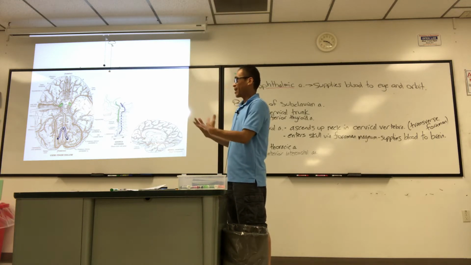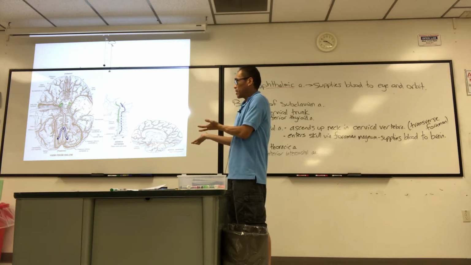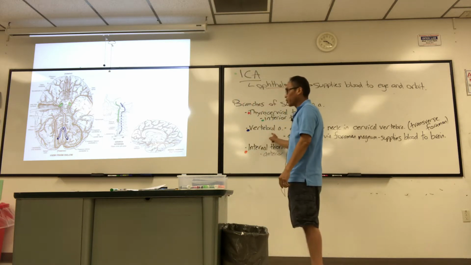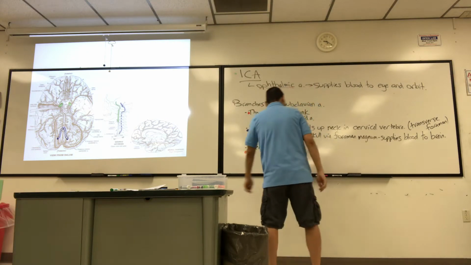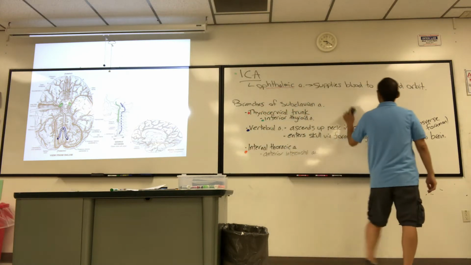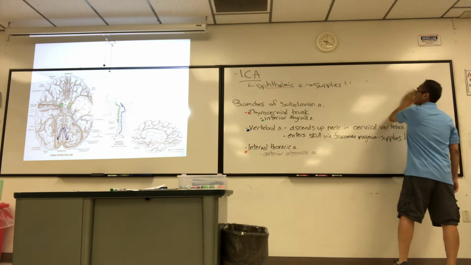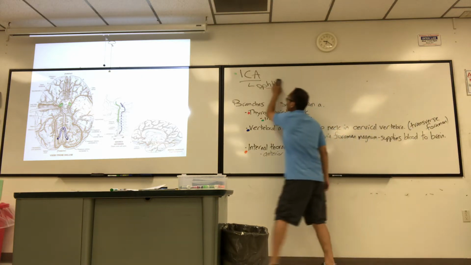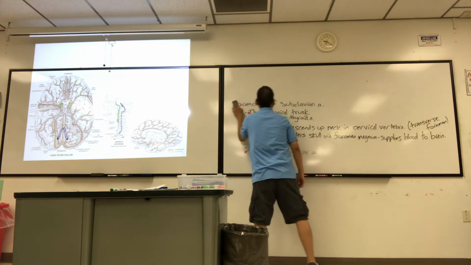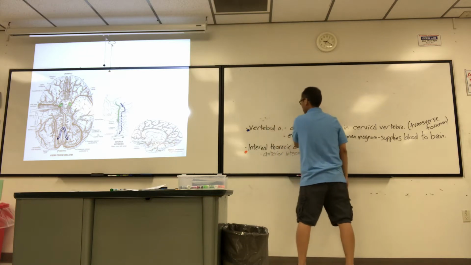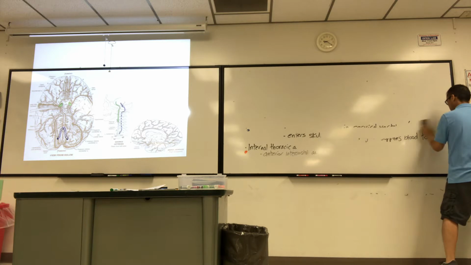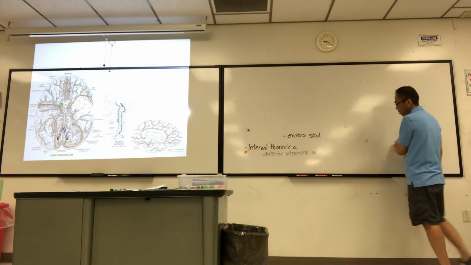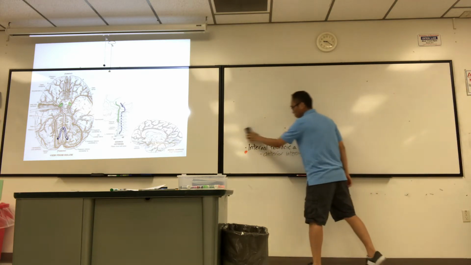So where do you start? I guess start by talking about the vertebral artery, and we'll do the bottom half, and then we can do the top half. So let's call those arteries that supply blood to the brain the circle of Willis.